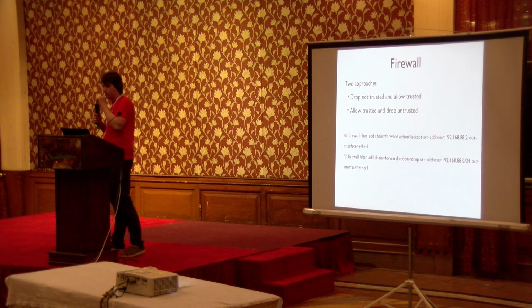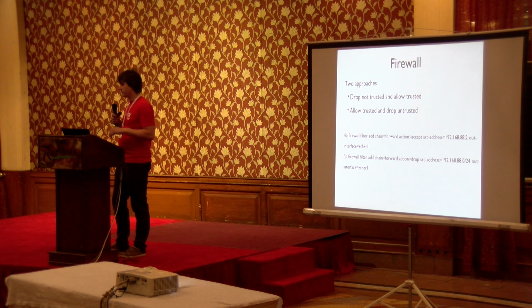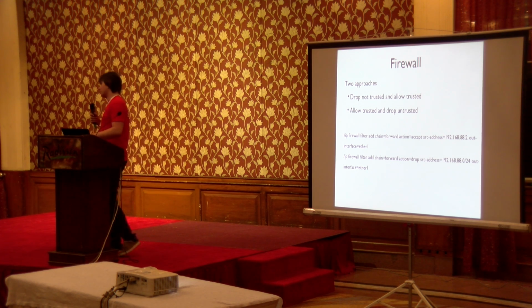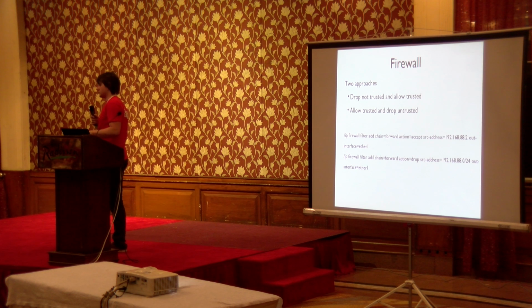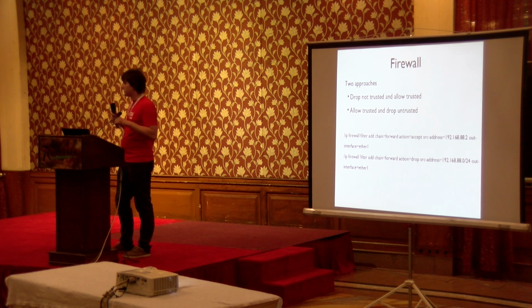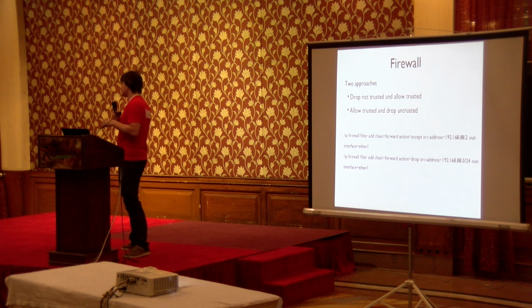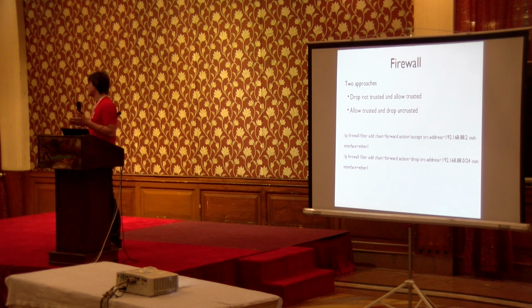For example, if you have a class and you want to block all the student access to some resource and allow teacher to get to this resource, you would not write some tens of drop rules and then one rule that allows, for example, teacher to get to these resources.